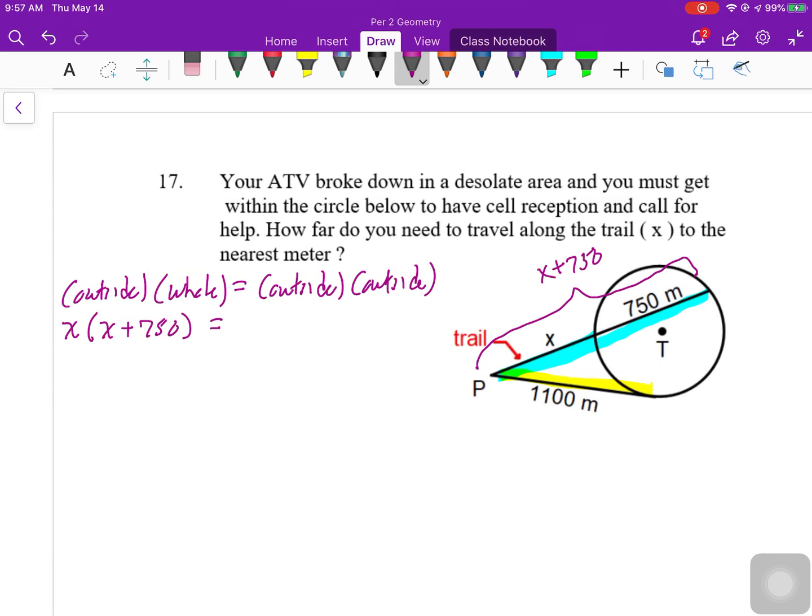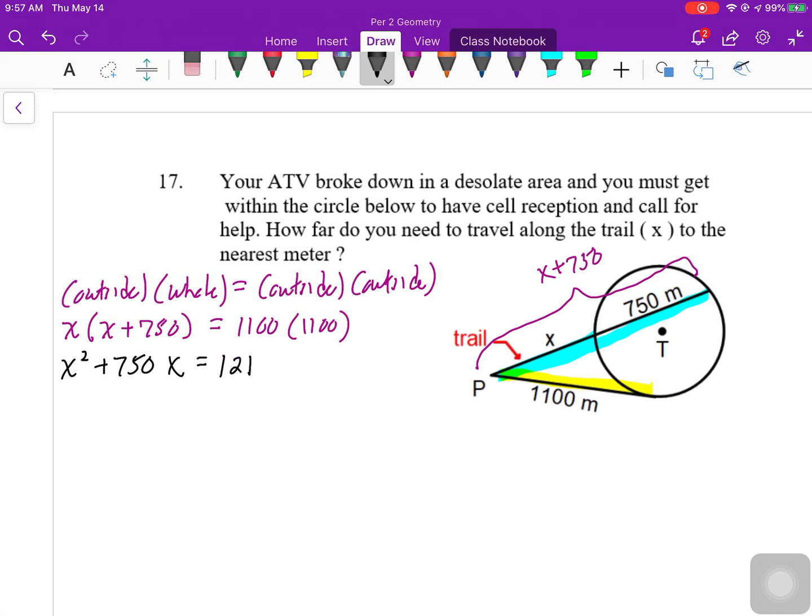Okay, time to set it up. For the secant, the outside is an x, and the whole length we just decided was x plus 750. For the tangent segment, the outside's 1100. And you're looking for x, how far you have to travel on that trail so that you get a cell signal. The rest of it is algebra.